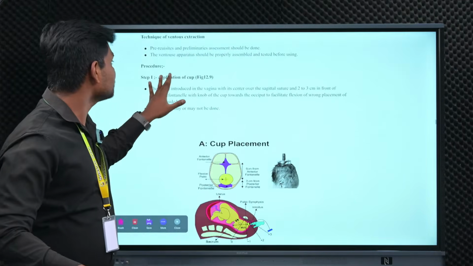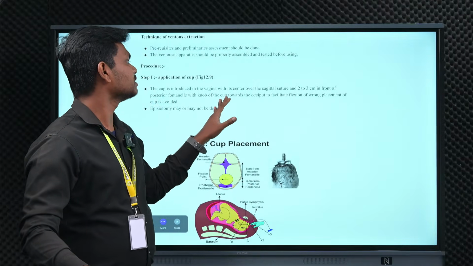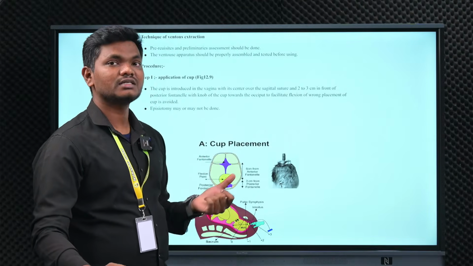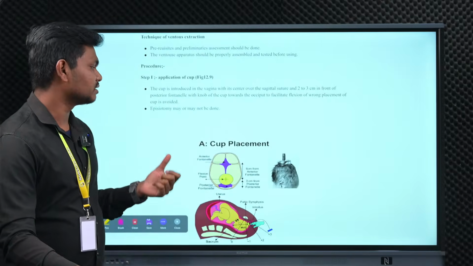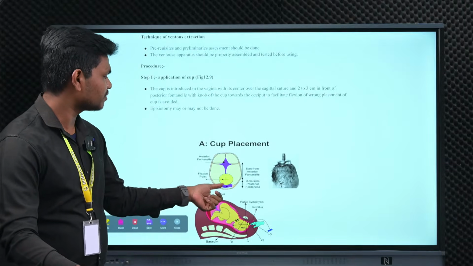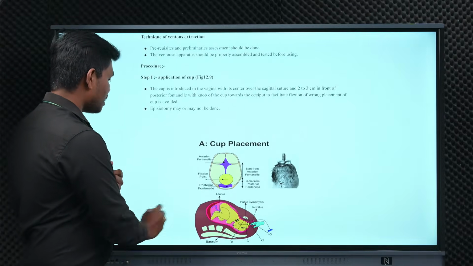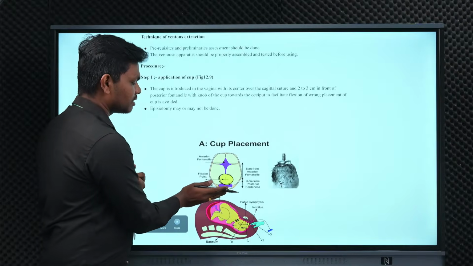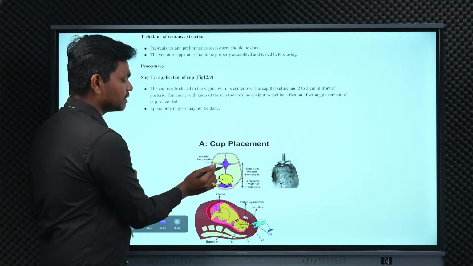Procedure, first step: application of the cup. The cup is introduced into the vagina with its center over the sagittal suture, between 2 to 3 centimeters in front of the posterior fontanelle. You know the fetal skull has the posterior fontanelle and the anterior fontanelle. You can see here the application of the cup on the vertex, just between the two.